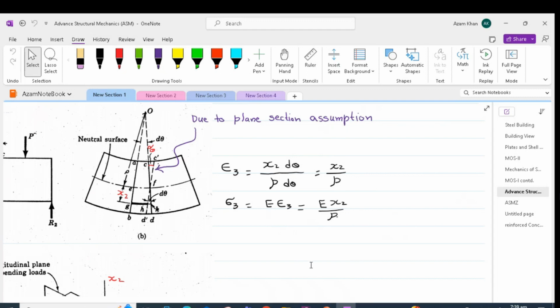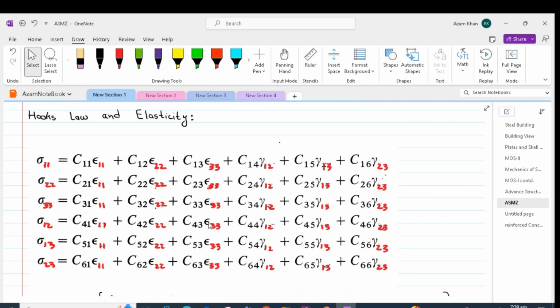We can determine Hooke's law in terms of the three-dimensional case, but we will need more than one constant. As per our knowledge of stress and strain tensors, there are nine components of stresses and strains. In the case of a three-dimensional problem, Hooke's law states that each of the stress components is a linear function of the components of the strain tensor.